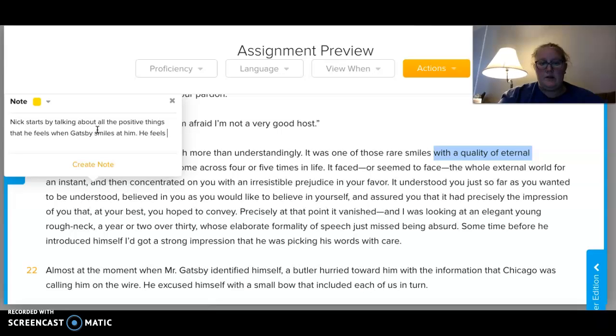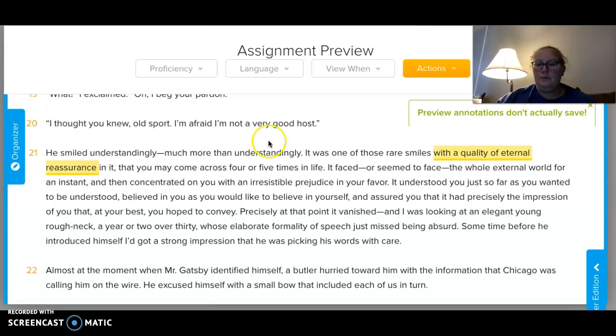He feels reassured and understood. This leads us to believe that Gatsby is a reassuring or positive or understanding kind of guy, a guy that you kind of want to be around. And I'm going to hit create note.